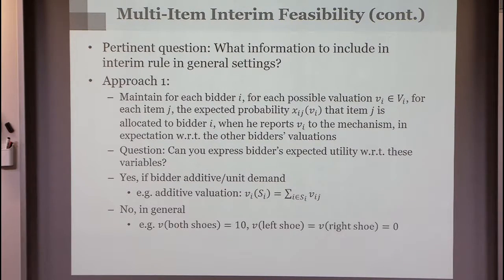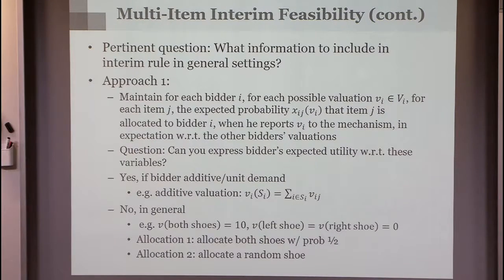So here's a trivial example. Suppose you have a bidder who wants a pair of shoes for $10, and he doesn't care about getting either a left or a right shoe. Consider two mechanisms, two allocations. One is you allocate both shoes to the bidder with probability half, versus you allocate a random shoe to the bidder.